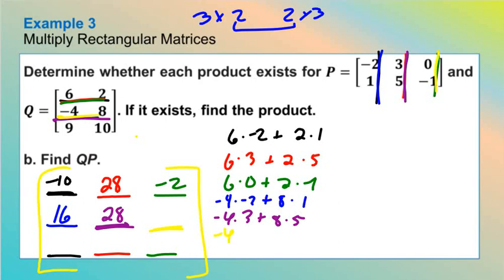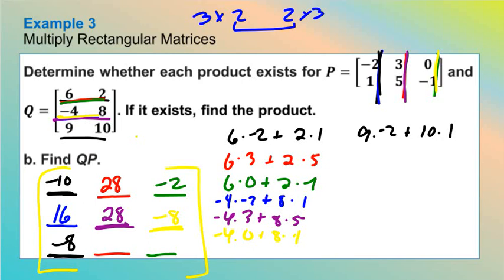So negative 4 times 0 plus 8 times negative 1. So that's going to give us negative 8. And again here we have row 3. We have 9 times negative 2 plus 10 times 1. Negative 18 plus 10 gives us negative 8.